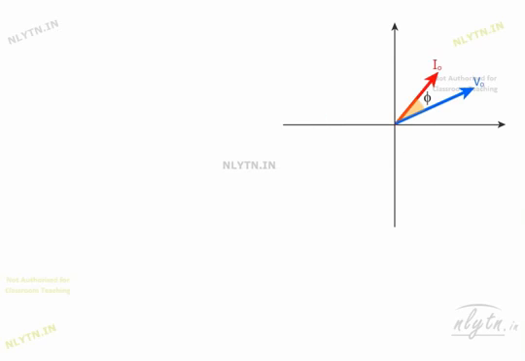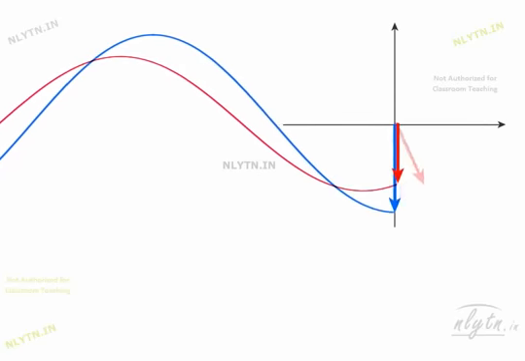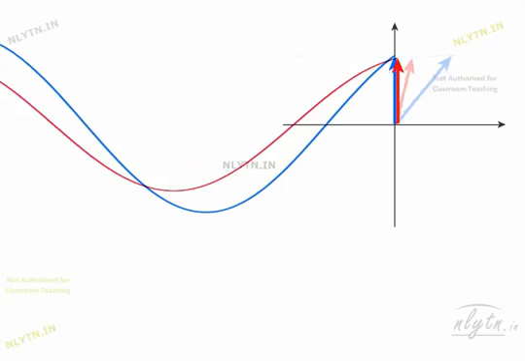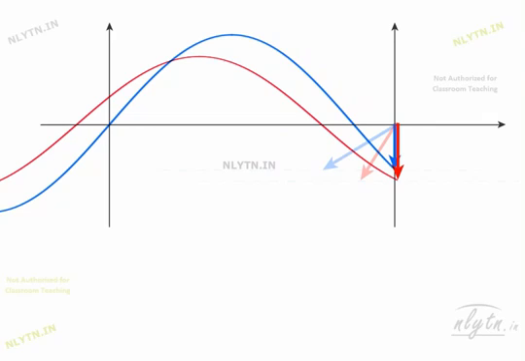If current leads voltage by a phase phi, then the amplitude vector of current is ahead of the amplitude vector of voltage by a phase phi. And graphically, current will be shifted towards left by a phase phi.